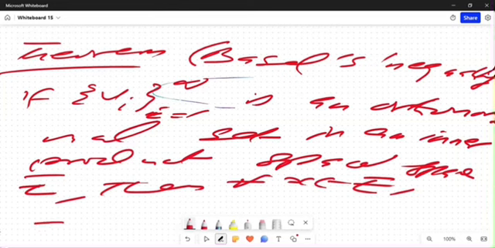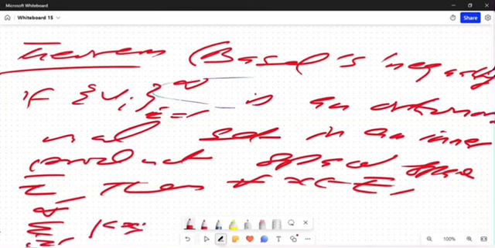We have that the summation i running from 1 to infinity of the modulus of inner products of x and ui is less than or equal to the norm of x squared.